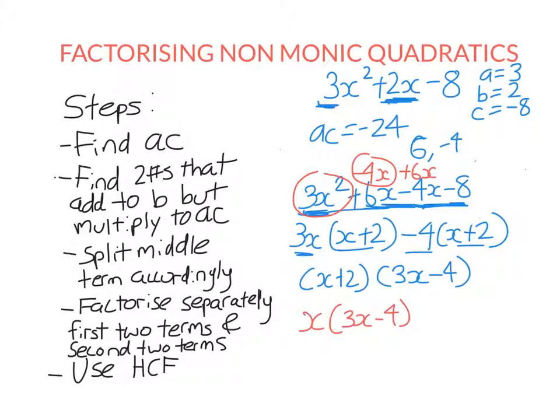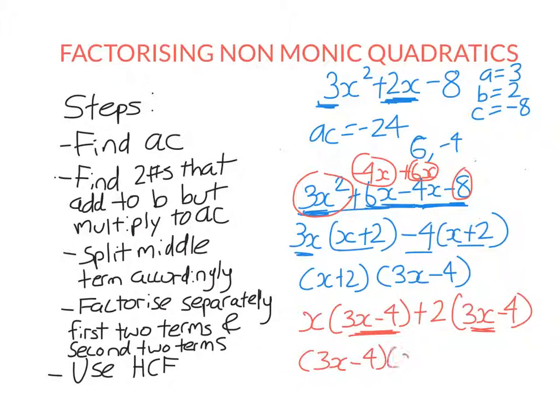And then the second two terms, 6x and 8, highest common factor is positive 2. So I get 3x minus 4. You can see now that this is the common factor, so I write it out the front. I'm left with x plus 2. So it doesn't matter if, when you're splitting up the middle term, you get these two numbers the other way around. You'll still end up getting the same answer.